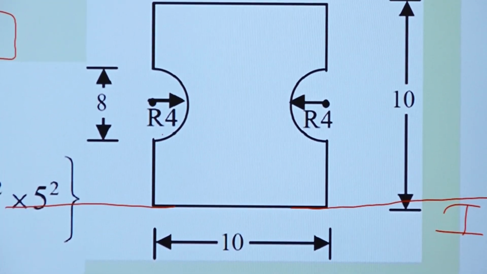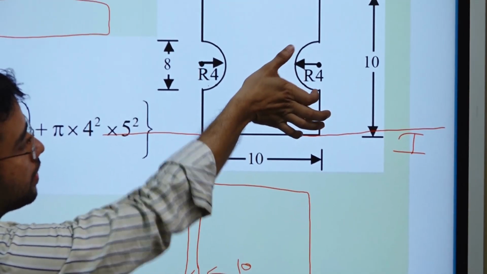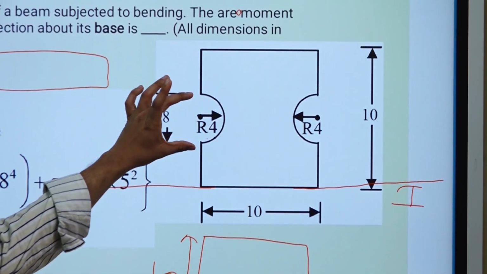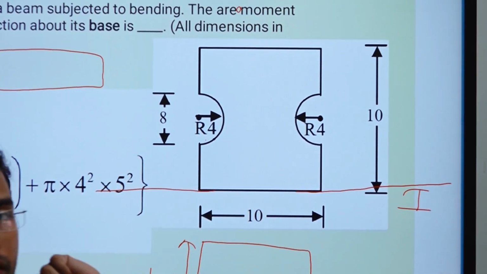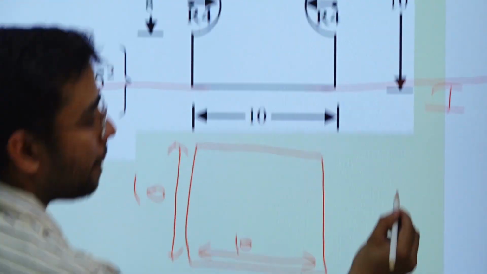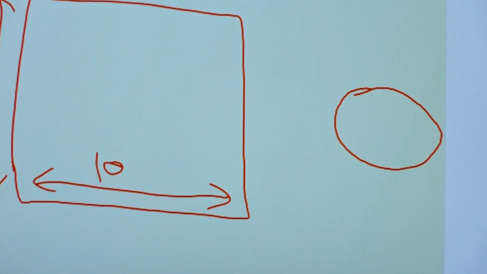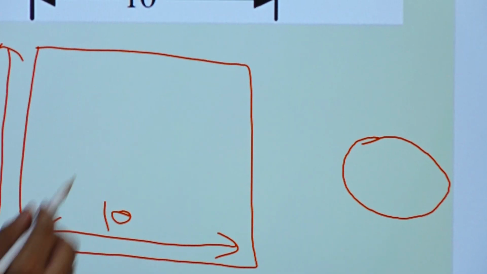After that we can subtract the area moment of inertia of these two what we call hemicircles, right? So this is a hemicircle, this is a hemicircle. What you can do, you take this hemicircle here, you take this hemicircle together and together it will become a full circle, right?